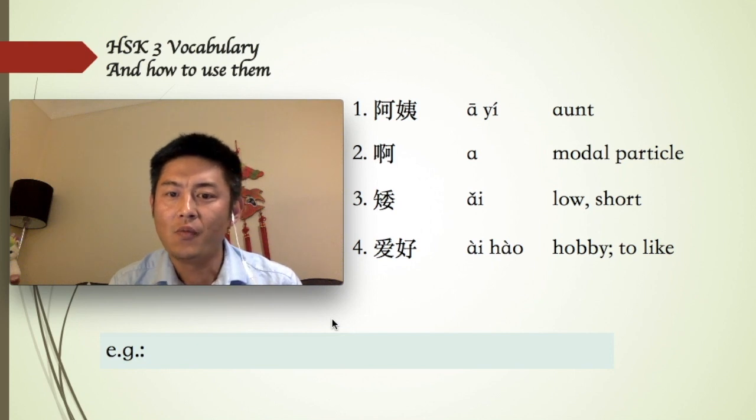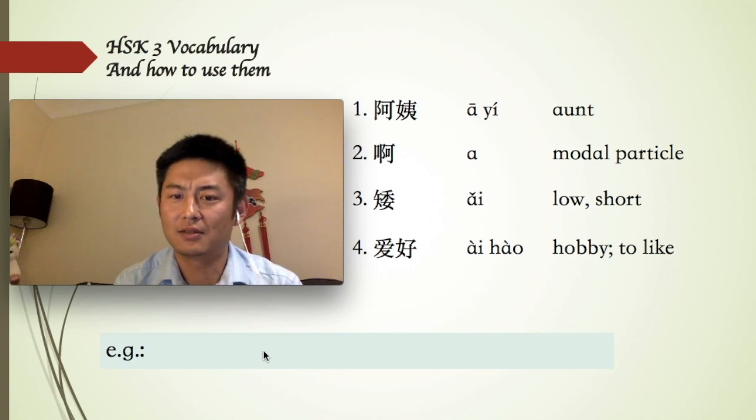Now, if we try to put 4 in one sentence, what do we do? I could say a short aunt likes to do something, right?